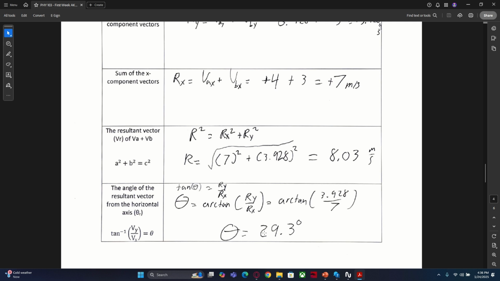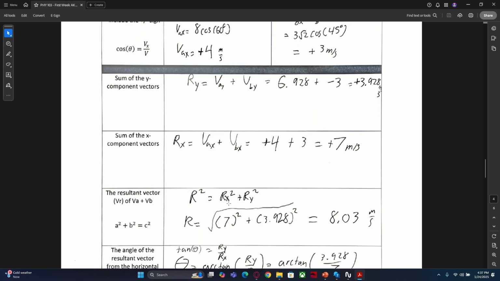And then your answer should come out to 29.3 degrees. Again, as mentioned during lecture, whenever you're using trig functions, just remember to have your calculator set to degrees and not radians. If you're getting different answers than what I have, that might be what the issue is.